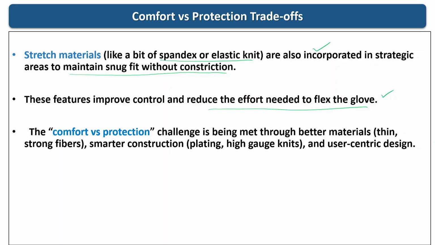The comfort versus protection balance is important. This challenge is being met through better materials. So, here we can use a better material, which is a thin strong fiber. If we use thin or fine and strong fiber, in that case the mass, weight and flexibility can be improved, and the pore size, the very compact structure, we may not require, so the breathability can be increased.